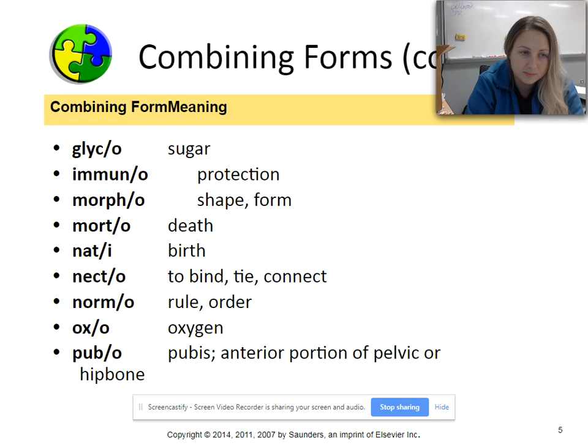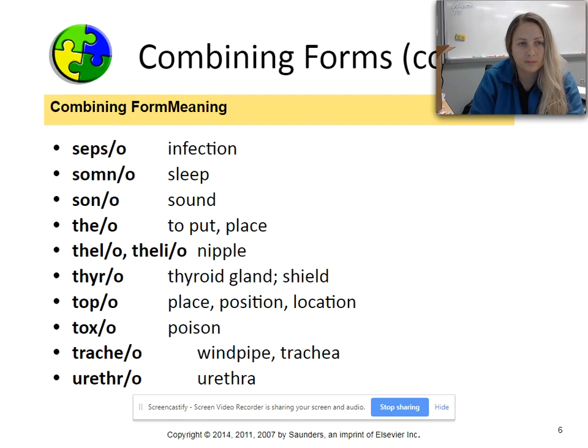Oxo, that's oxygen. Like hypoxemia is a condition of low oxygen level in the blood. Pubo is the pubis or the anterior portion of the pelvic or hip bone. Sepso, like sepsis, is a condition of having an infection. Somno is sleep, like insomnia, where you can't sleep. Sono is sound. So a sonogram uses sound to develop a picture.